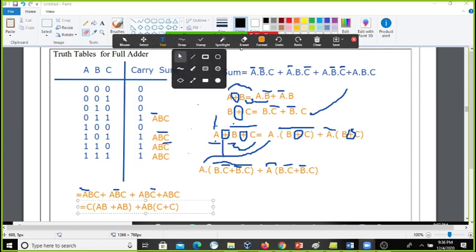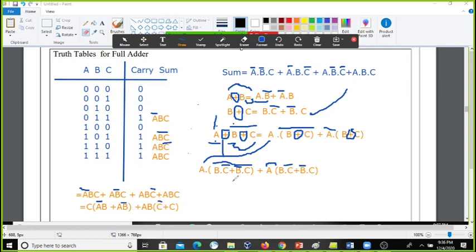Then here you can see you get A bar B and AB bar, and here you get C bar plus C. Then you can write this is equal to C into... what is the other one?